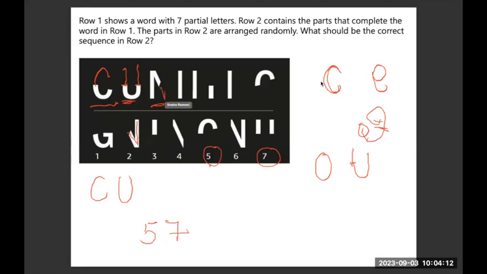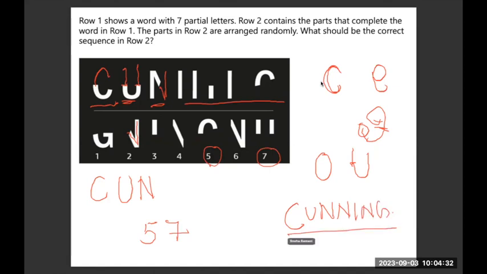When I add it here, it comes something like this. So it can be N. When I say cunning, C-U-N comes, and then there is this I-N, the other part which is left here. I can start by asking what starts with C-U-N. Cunning is one word which comes to my mind. So I say, let me check if this word comes here or not.